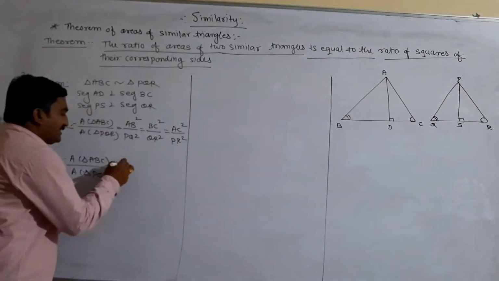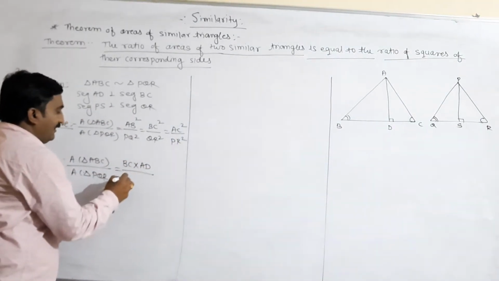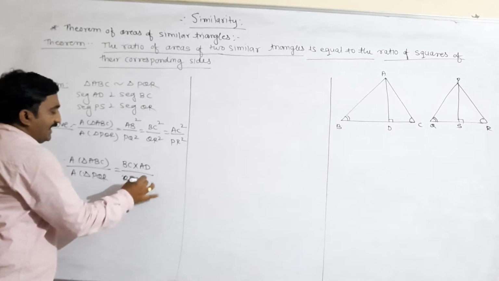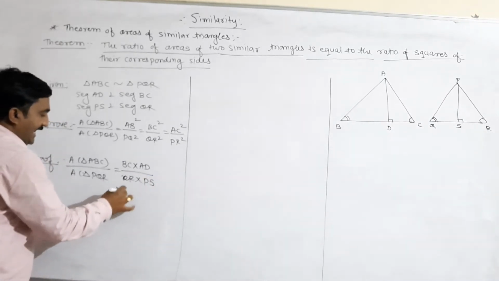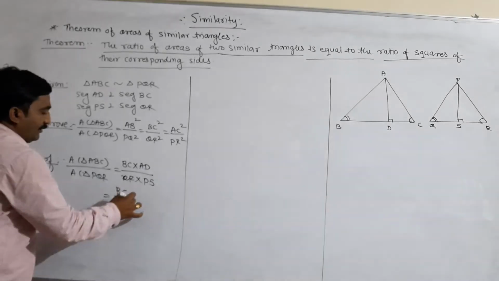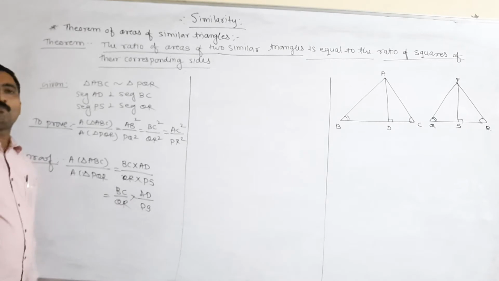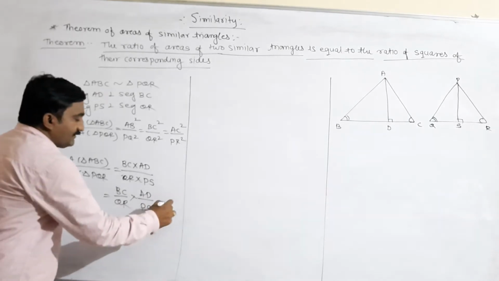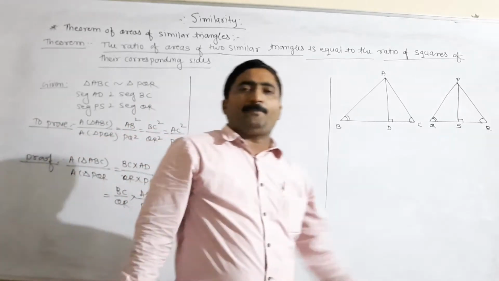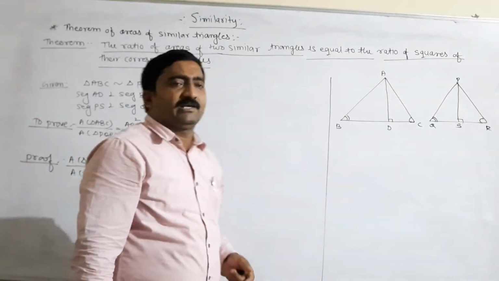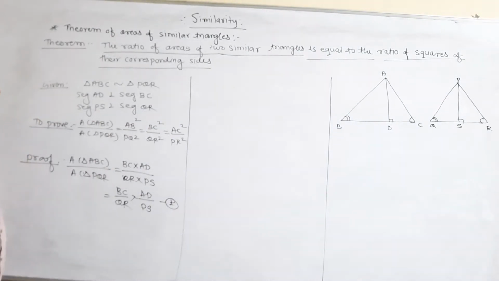So we can write BC into AD divided by QR into PS. It can be written as BC divided by QR into AD divided by PS. This is equation first. Remember it by using the property that the ratio of areas of two triangles is equal to the ratio of the product of their corresponding heights and bases.